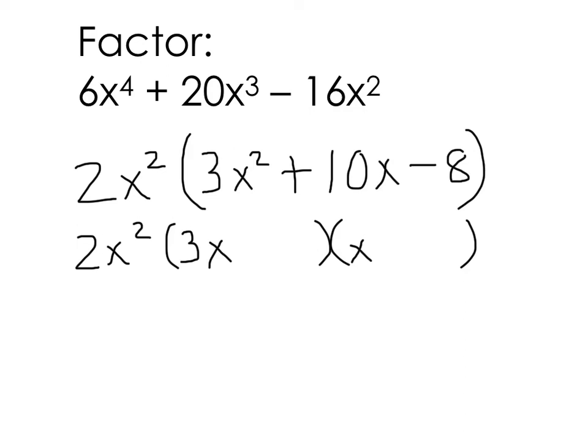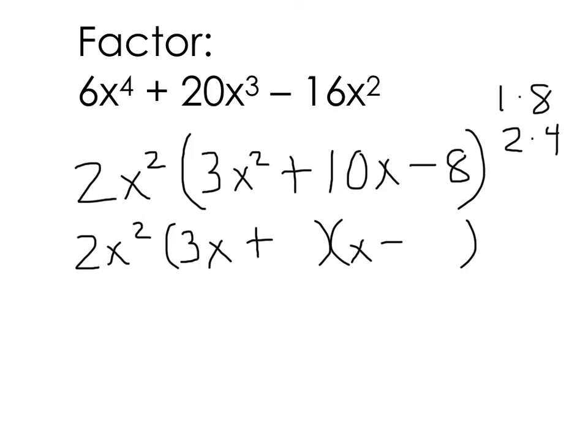It's a minus 8, so one will be positive and one will be negative. Which one? I don't know. Let's just put them in there and hope for the best. So 8 is 1 times 8, and it's 2 times 4. We need 10x as our outside plus our inside.